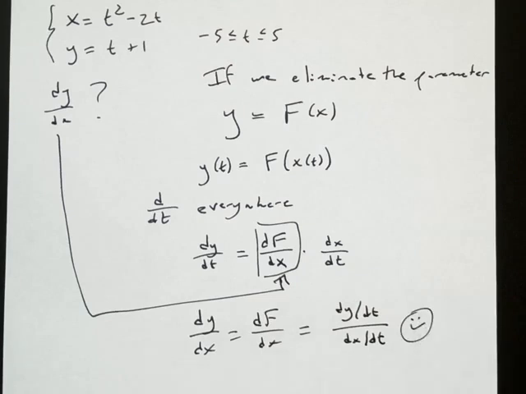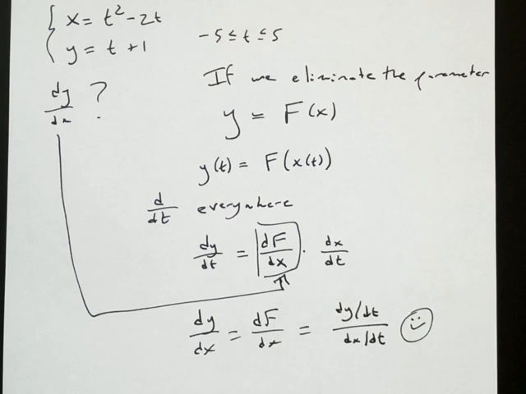And all of a sudden, I have a way to figure out what dy/dx is without doing the actual elimination of parameter. Holy crap, I can get away with leaving everything in t.